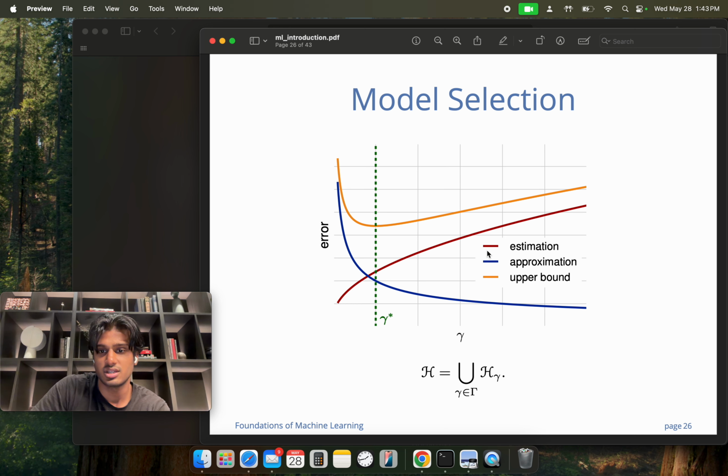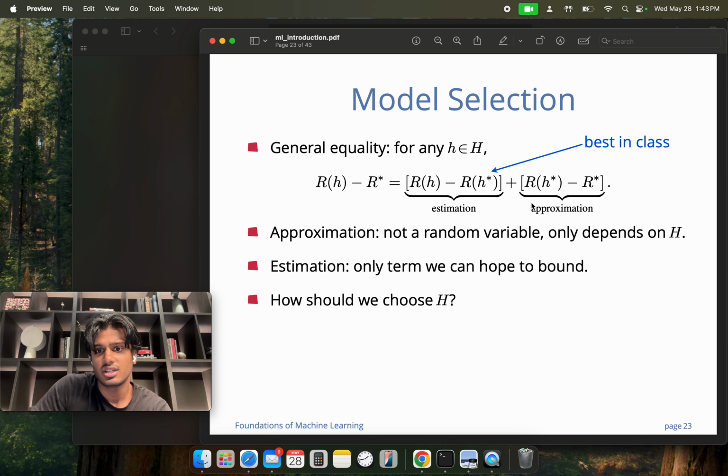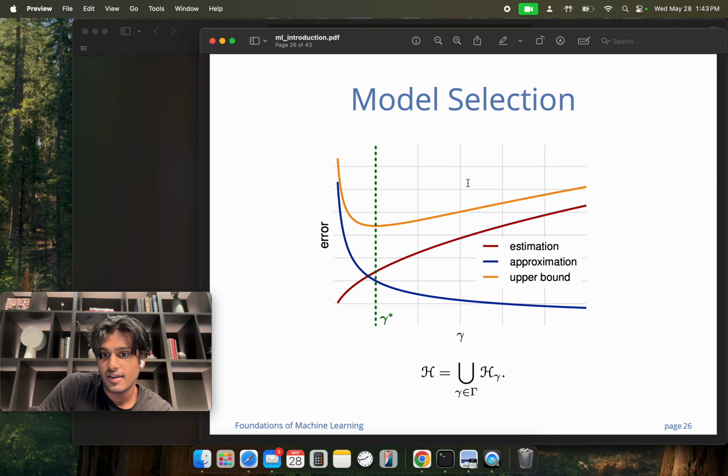But the estimation error is increasing. Why? The estimation error is the difference between the risk versus the best in class. Now, if I have some data which is fixed, the estimation error increases. Why?